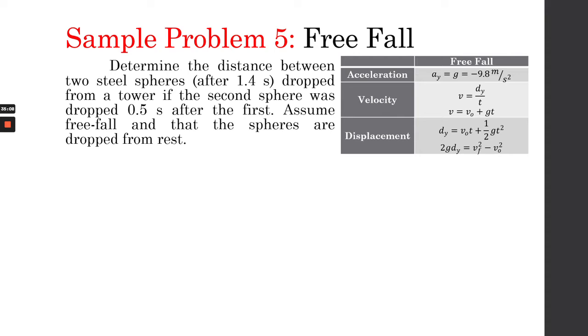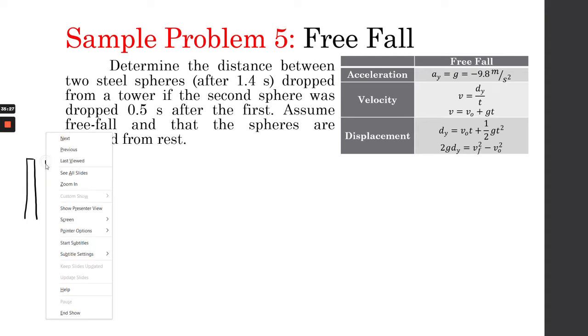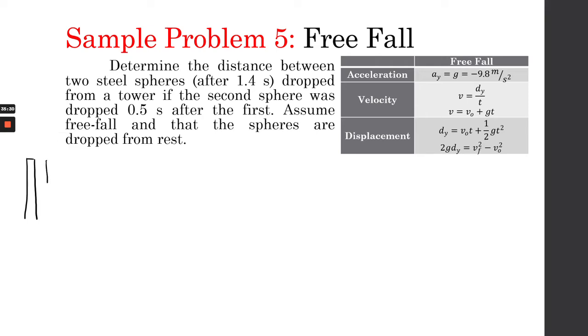So we have a tower. Let's draw a tower, and from the tower we dropped two steel spheres. The first, after 1.4 seconds, is sphere number 1. Then our sphere number 2 was dropped 0.5 seconds after the first.